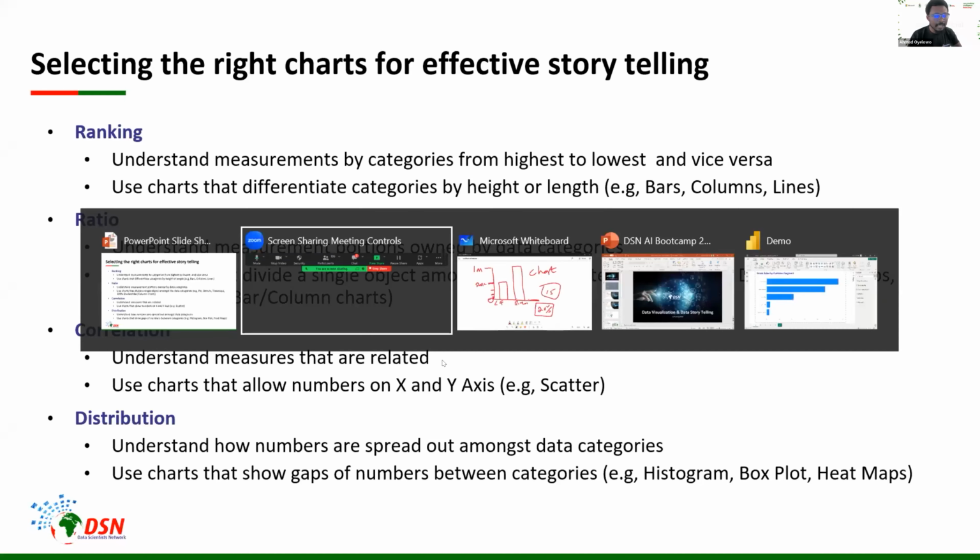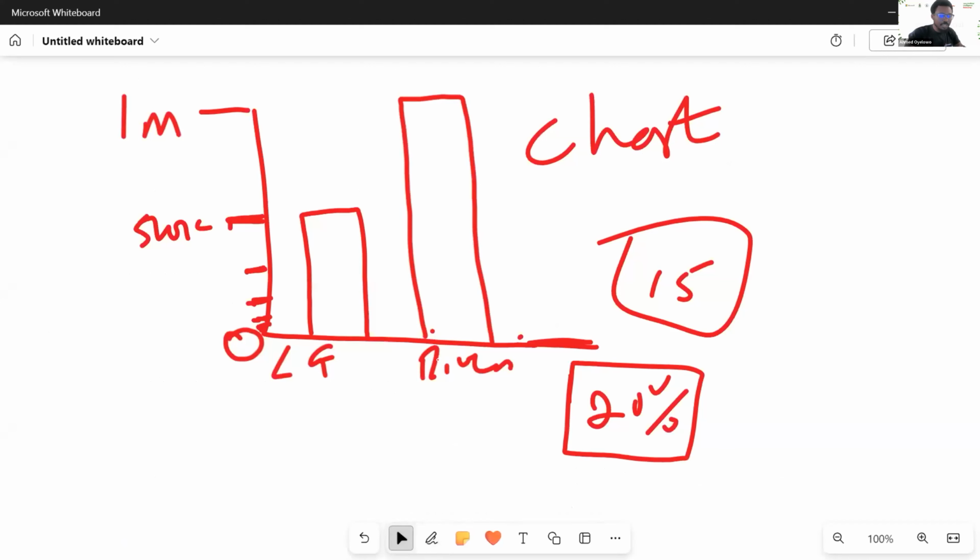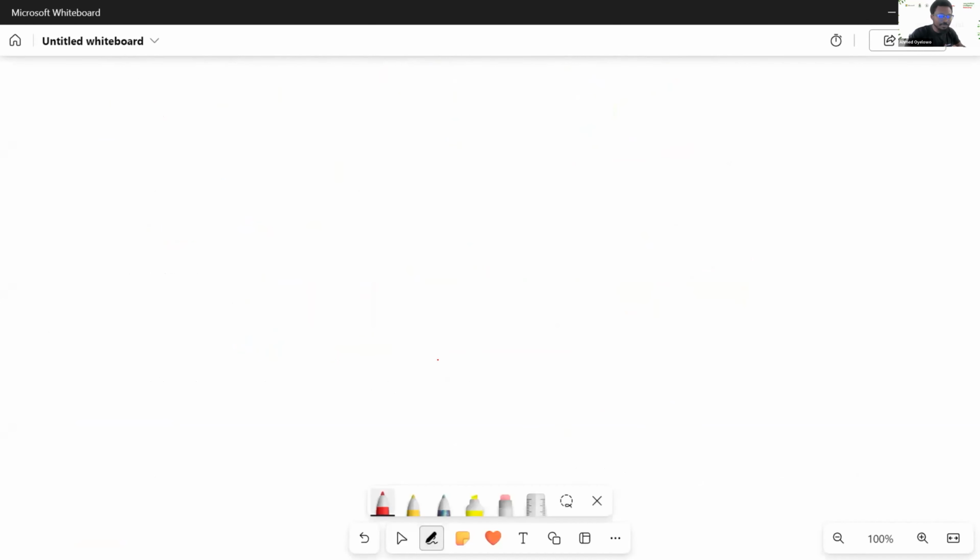So let's take an example before I talk about the different reasons why we select our charts differently. Let's assume we are operating a school business. We have a school and three departments in the school, with students from each of those departments.